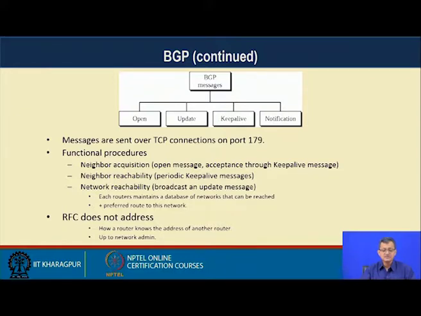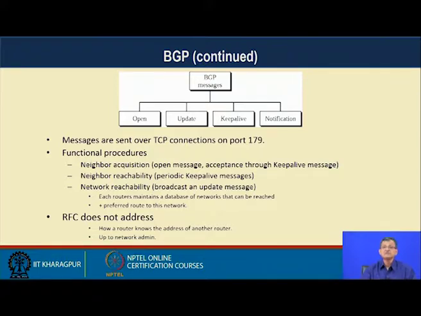The open message is sent whenever you want to start a communication with another BGP peer. Update is important, because BGP can update, that is remove or create, an already advertised path; a border router can update it, right.